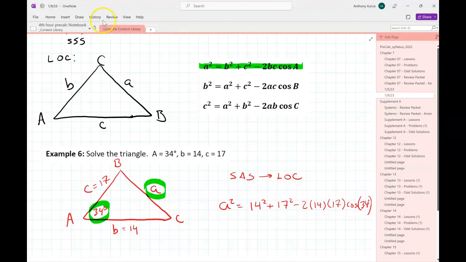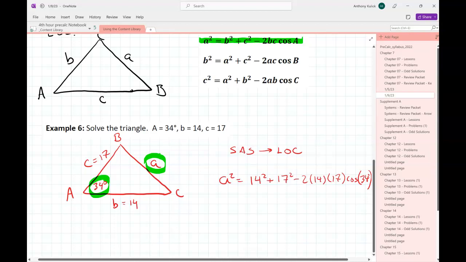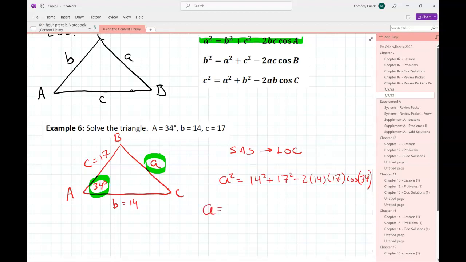Now notice here that we have gotten a squared by itself. What do we really want though? We want regular a by itself. So what are we going to have to do? Square root both sides. When we square root both sides of an equation, what do we make? A plus or minus.